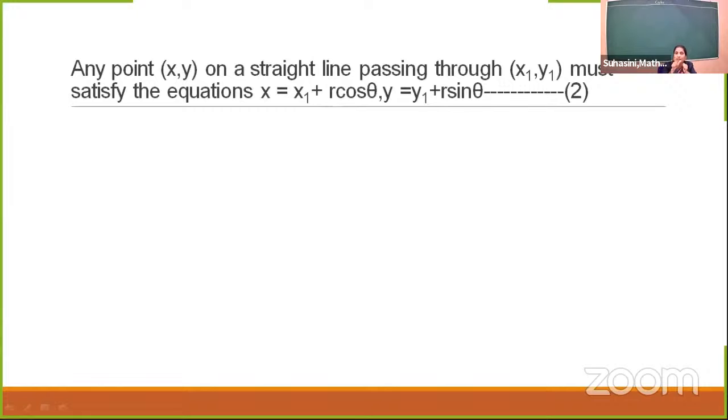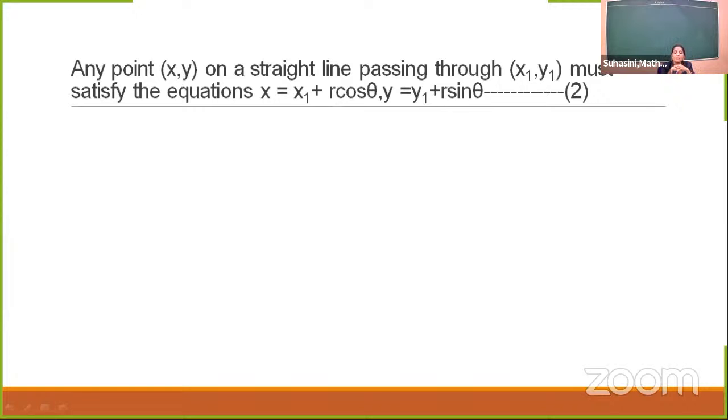The A is also on the line, but what is the distance between P and A? Let us take that as r. So I know a point on the straight line, and I need to know another point A, which is at a distance r from P. In that case, we use the parametric equations of the straight line.